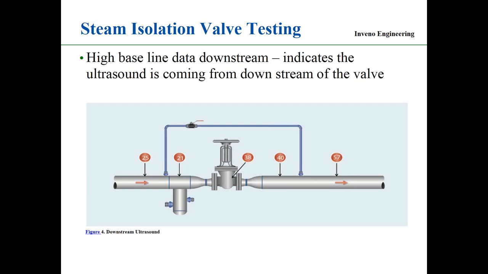So as I go downstream, the level starts to increase. The sound is coming back from downstream. That is not a valve that's leaking. That's something competing. I want to go downstream of the valve, find out what's producing a competing ultrasonic sound, and make corrections to that.